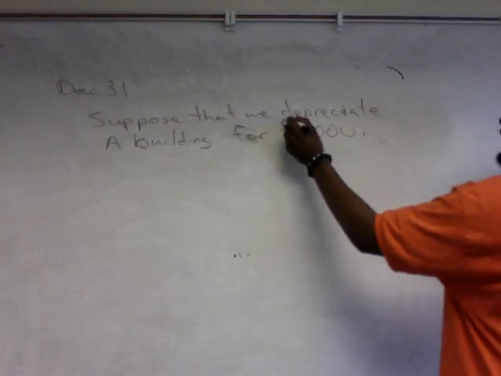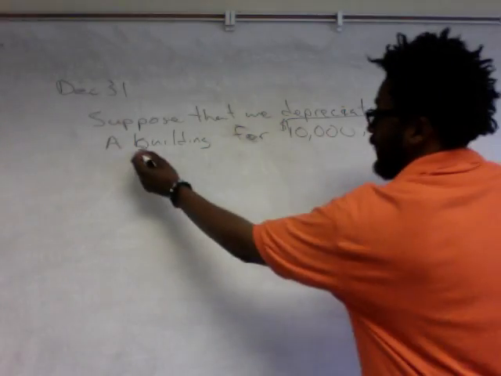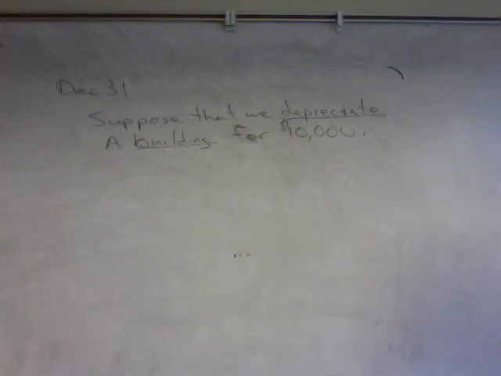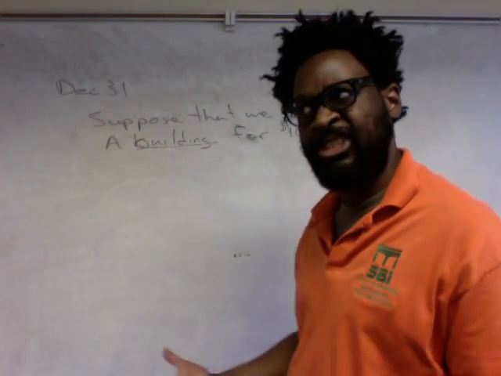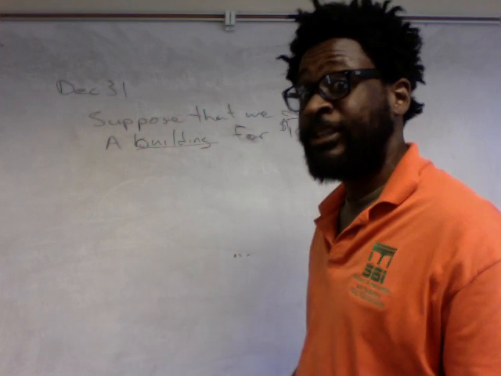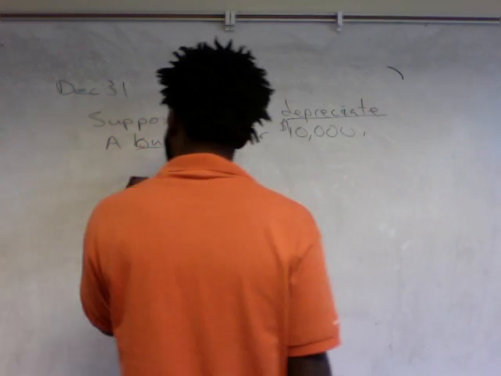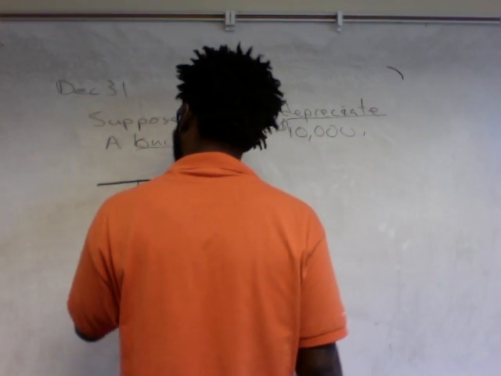So we know we're depreciating the building, and we know we're depreciating it for $10,000. But let's further assume that the initial cost of the building was $100,000.